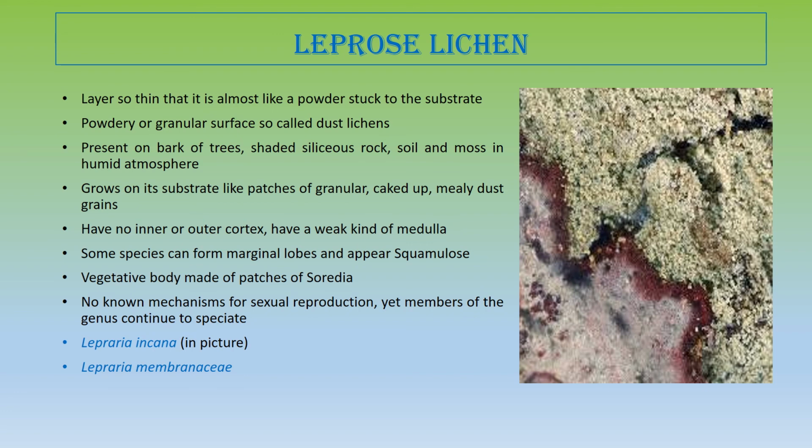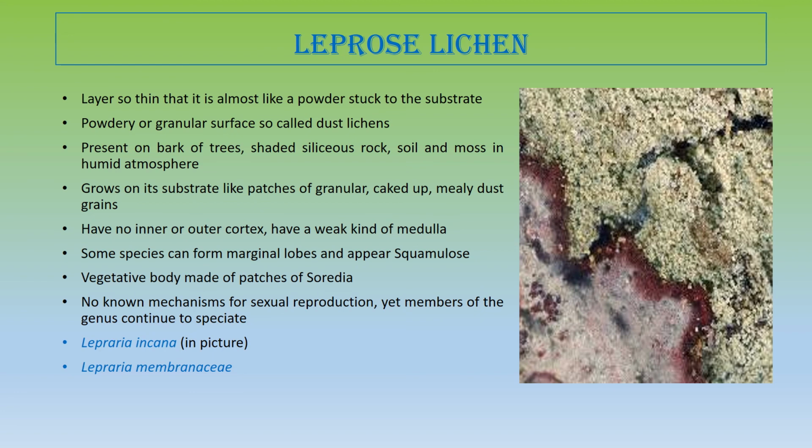And next is leprose lichen. This leprose lichen has a very powdery, dusty appearance, so it is also called dusty lichen. It is composed of a single homomerous layer, attached to the substrate, but not that much, because it is easily fragmented, and it actually reproduces by fragmentation.